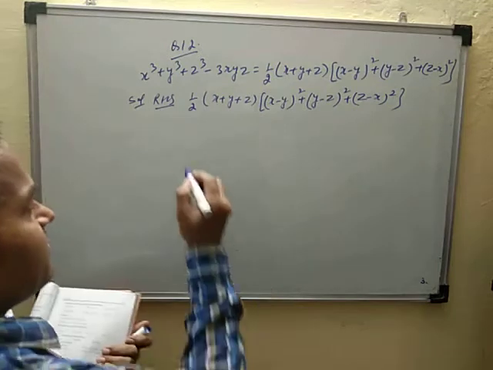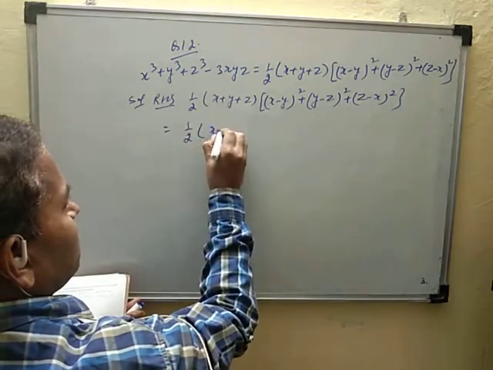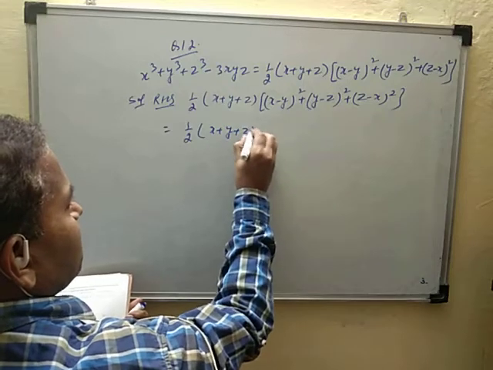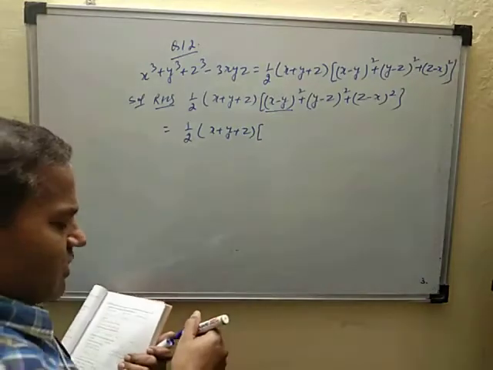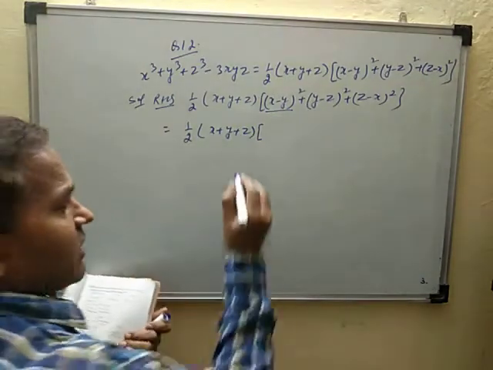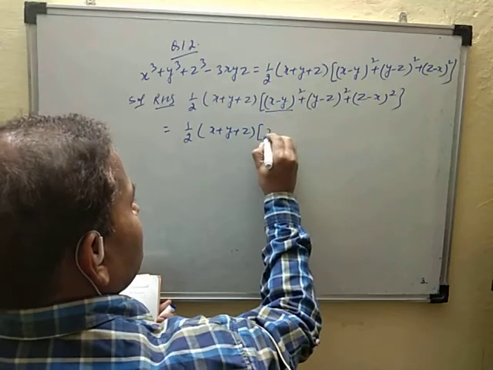Now expand it. So this equals 1 by 2 (x plus y plus z). Now expand (x minus y) whole square, using the formula (a minus b) whole square.